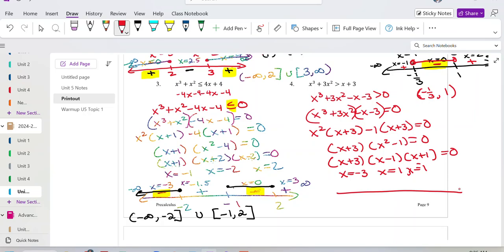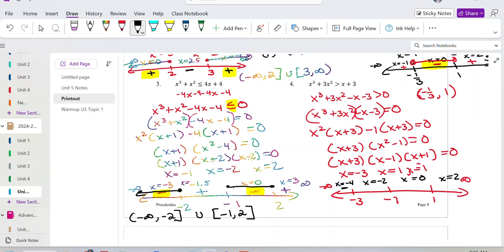So when you put these numbers on the number line from left to right, this is negative infinity, this is positive infinity. So you get x equals negative 4, x equals negative 2, x equals 0, x equals 2. So when you put them in, negative 4 makes everything negative.